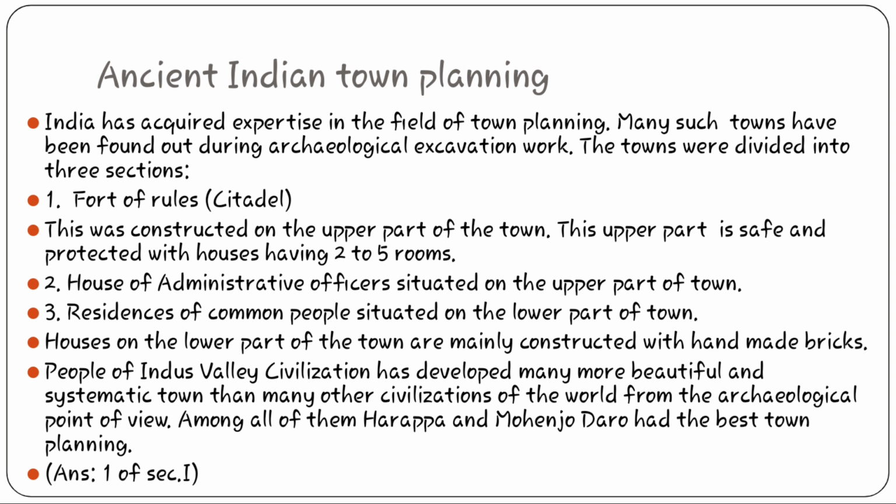People of Indus Valley civilization developed many more beautiful and systematic towns than many other civilizations of the world from the archaeological point of view. Among them, the most famous ones are Harappa and Mohenjo-daro.